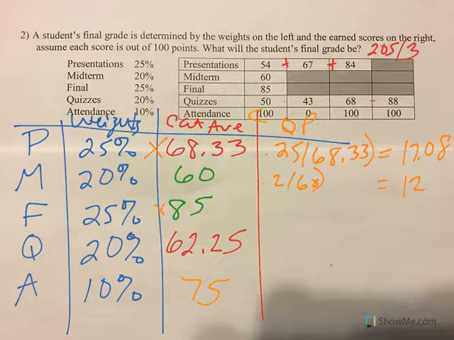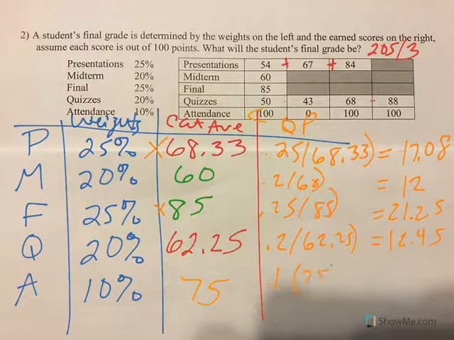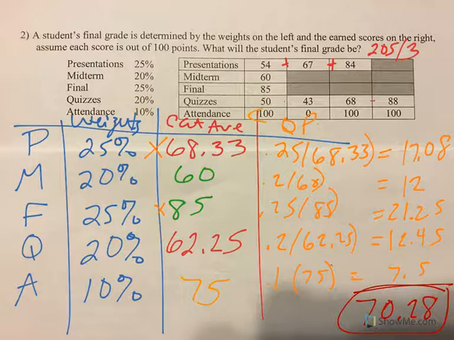I multiply 0.25 times 85, and I earned 21.25 points for my final. 20% times 62.25, I earned 12.45 points for my quiz, and 10% times 75 for attendance, I earned 7.5 points for my attendance. When I add all of my quality points up, I get a final grade of 70.28, which is a C. Skin of the teeth, but still a C.